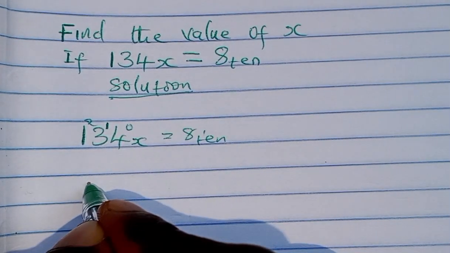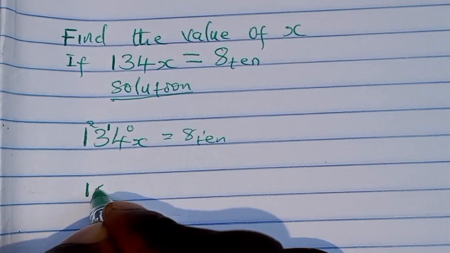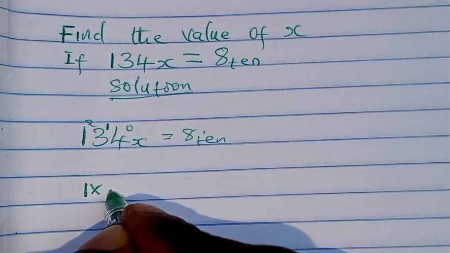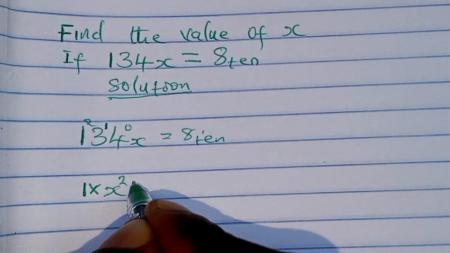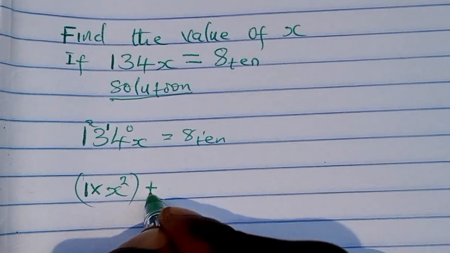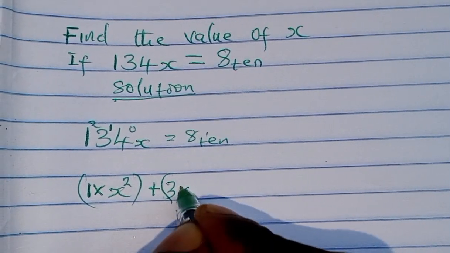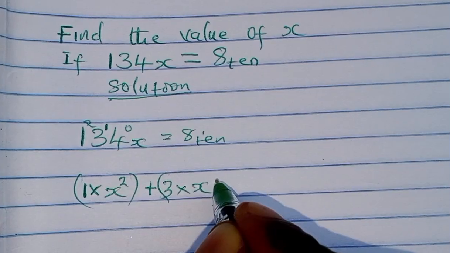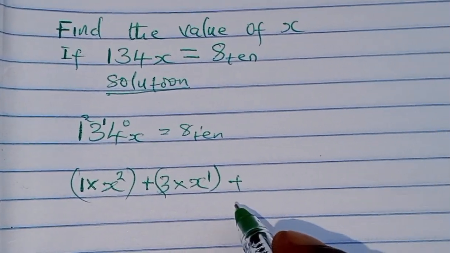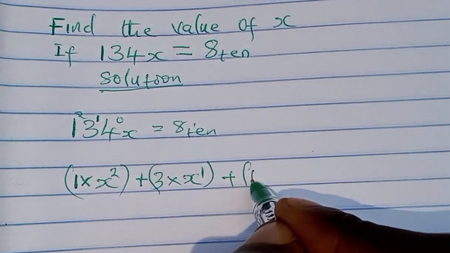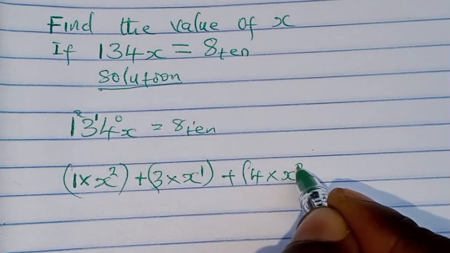So this is going to be 1 times x, the base, raised to power, which is 2, plus 3 multiplied by the base, which is x raised to the power of 1, plus 4 times the base, which is x raised to the power 0.